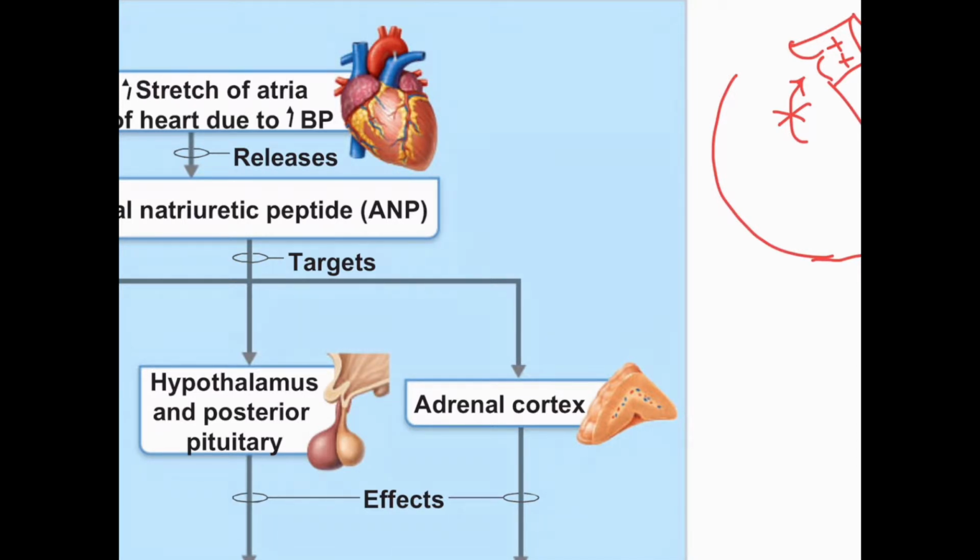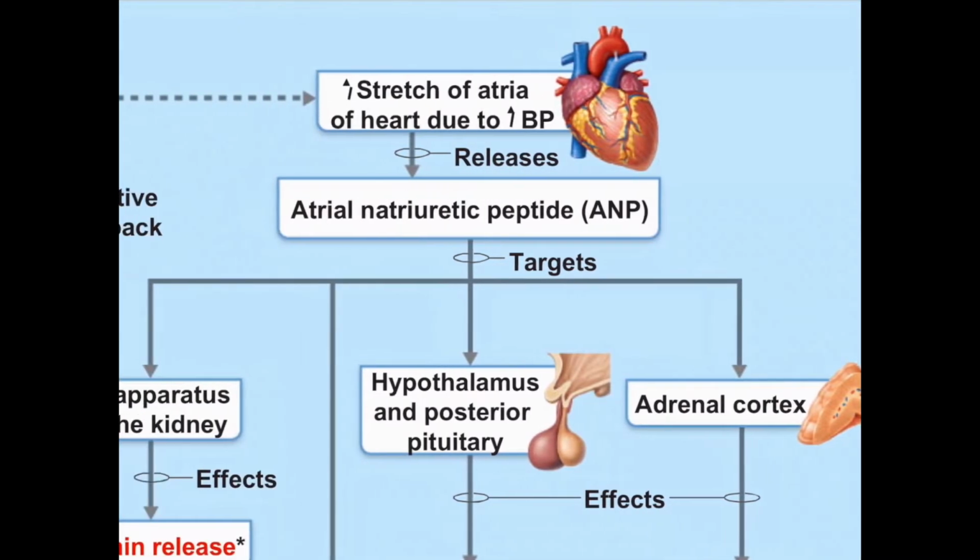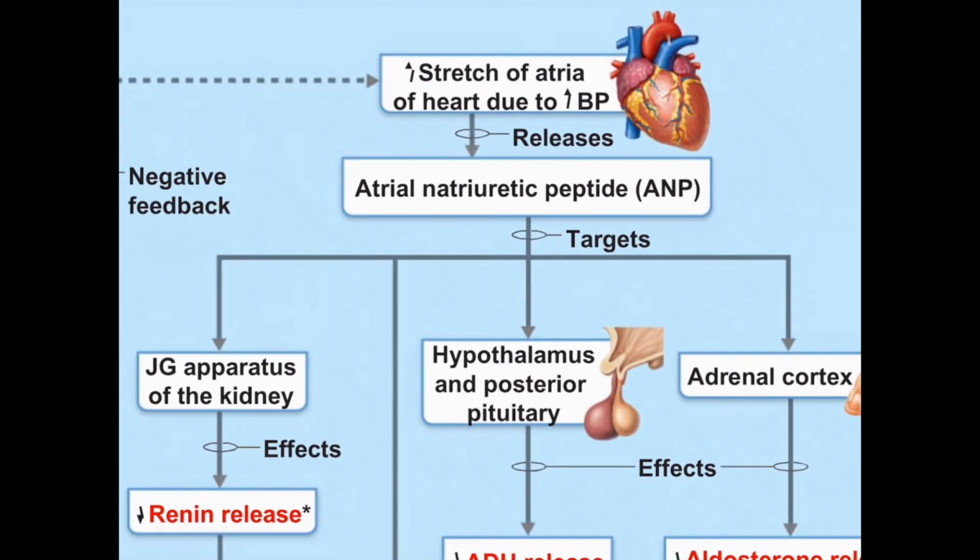So the heart hates having high afterload. This makes perfect sense when we look at how to regulate the sodium balance in case of hypertension, or an increase in the blood pressure.